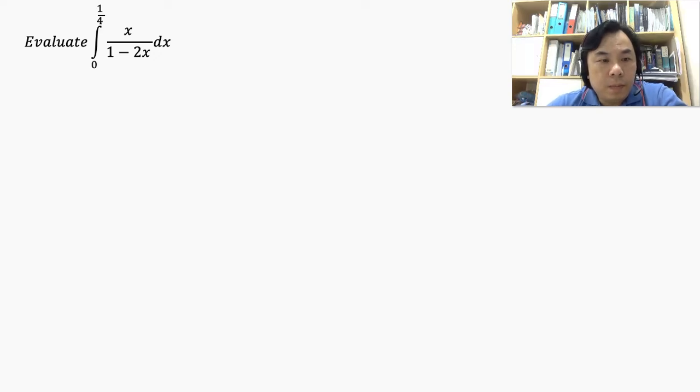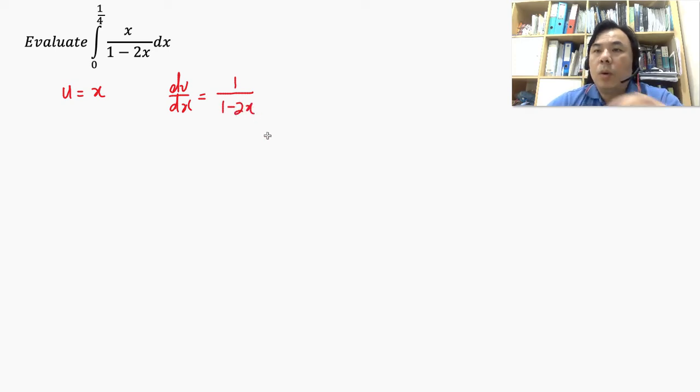All right. Now, I find that it's easier to integrate by parts through this arrangement here. So in this case, I would let my u equal to x, and then my dv dx equal to 1 over 1 minus 2x.